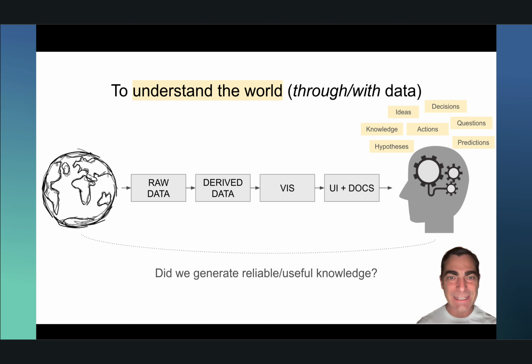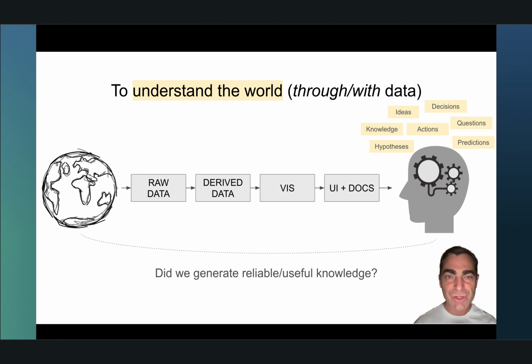but in the idea that data can capture relevant aspects of the reality we are interested in, right? And effectively, in the end, what do we generate with data visualization? We generate new ideas, decisions, new knowledge, hypotheses, questions, and so on. So this is what really, really matters, okay?